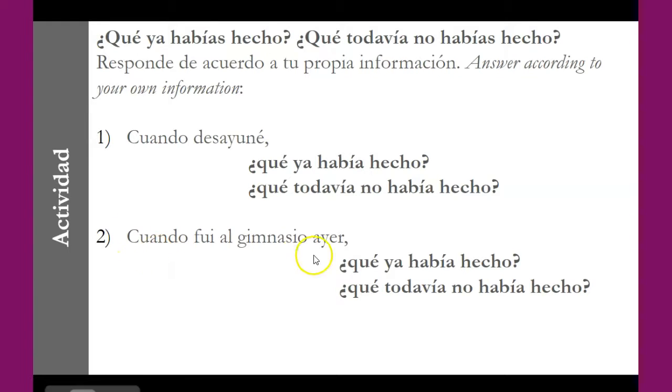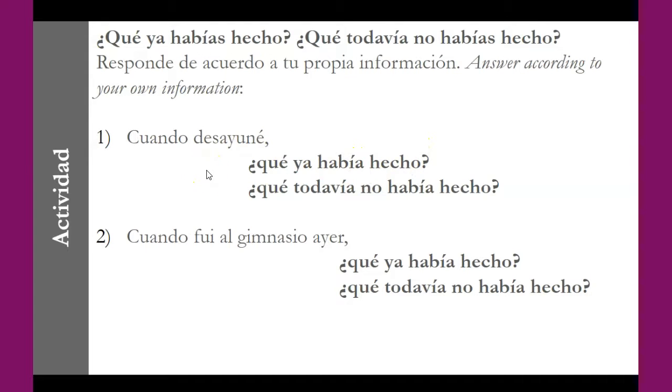Cuando fui al gimnasio ayer, when I went to the gym yesterday, ¿qué ya había hecho? What had I done already? And what had I not yet done when I went to the gym yesterday. So you can fill this with your information, but also with fictional information. You don't have to talk about yourself. I just want you to practice using the past perfect.